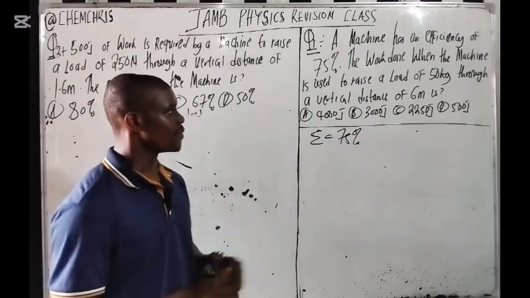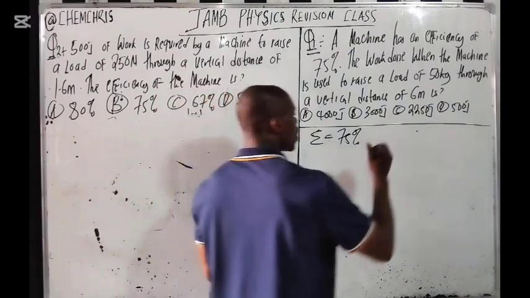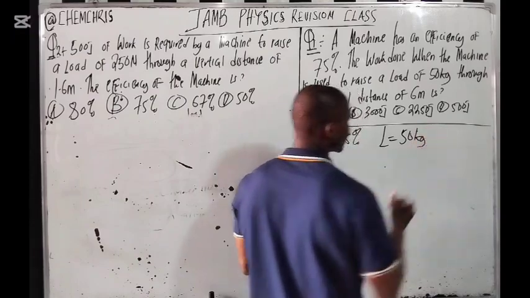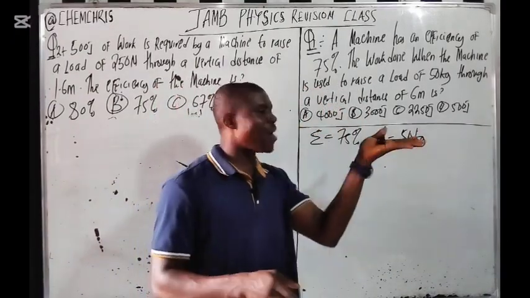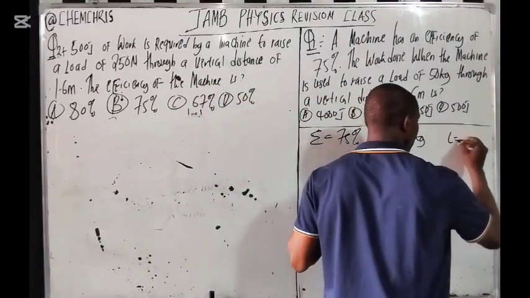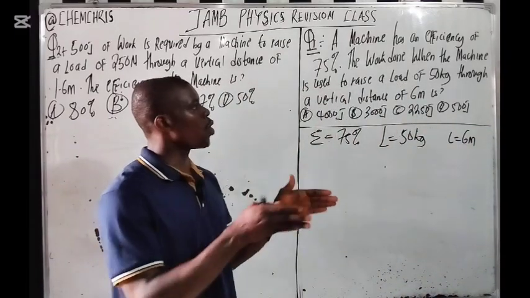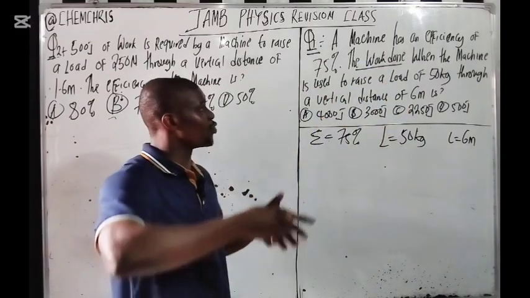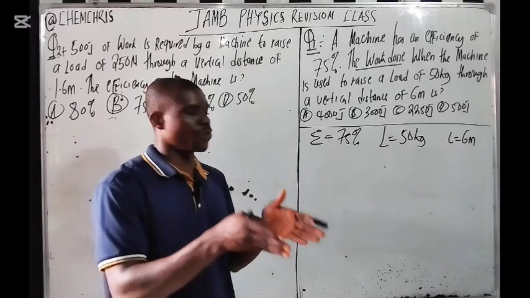What is the work done when the machine is used to raise a load of 50 kg through a vertical distance of 6 meters? The distance moved by the load, small l, equals 6 meters.